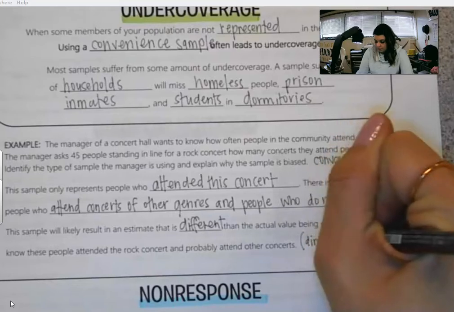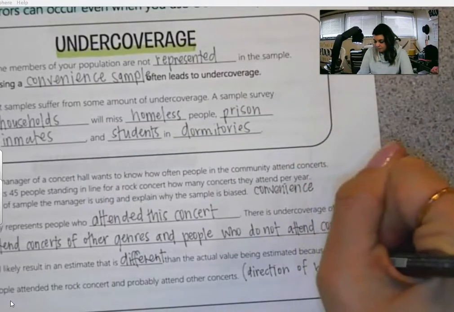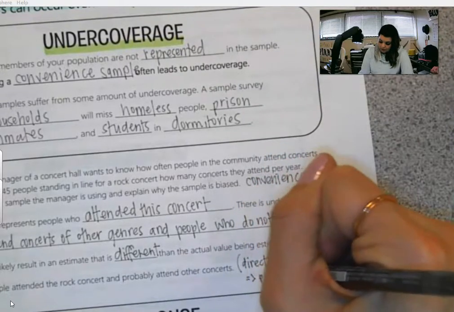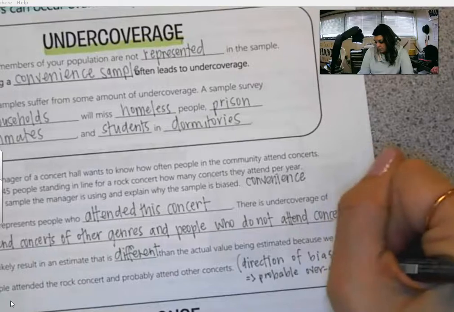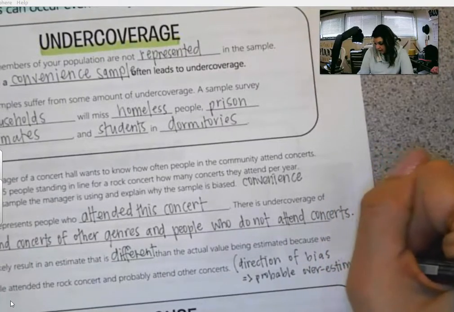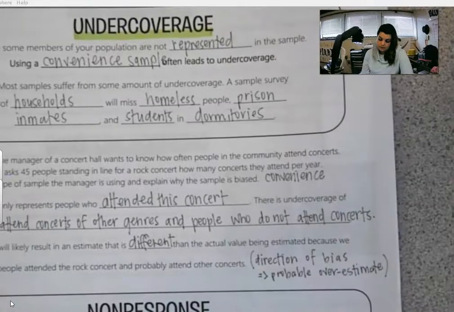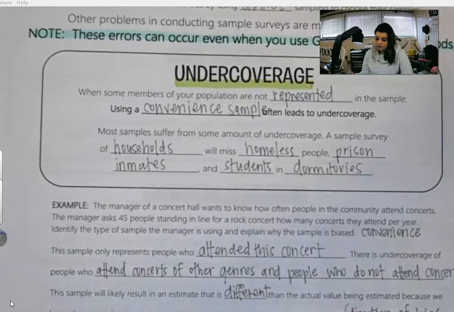So in a problem, when they ask you about direction of bias, in this case, I'm thinking probably overestimate. So direction of bias just means overestimate or underestimate. So first error that can occur even with good sampling methods is undercoverage.